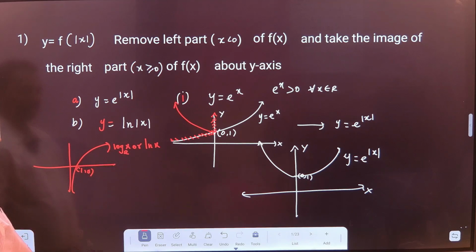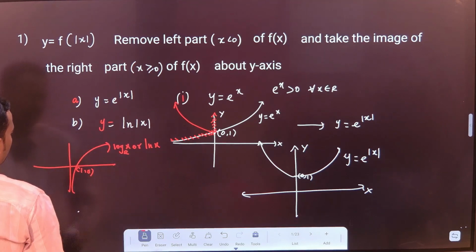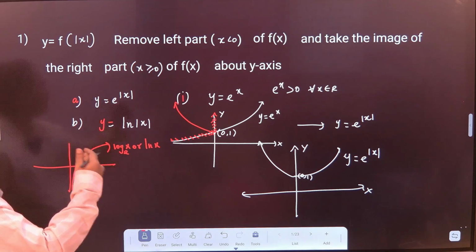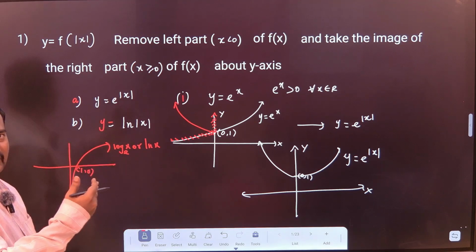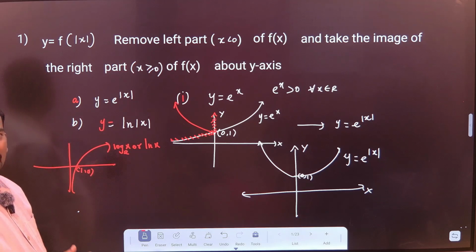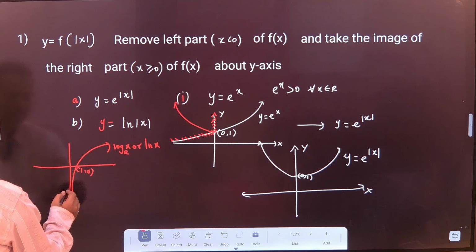Okay, how to draw the graph of log mod x? Just what you can do, you can see the rule of x to mod x is what? Whatever the left side of the graph is, remove it. Here there is no left side. So what we can do is take the image of the right side, right?